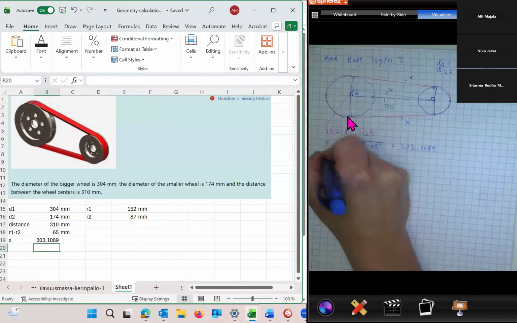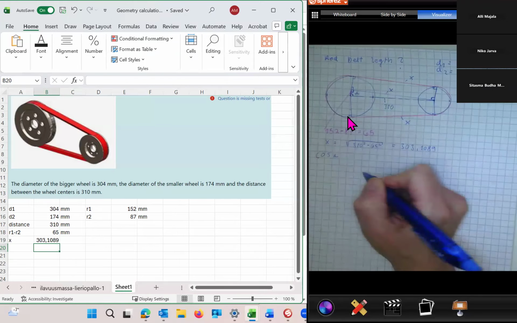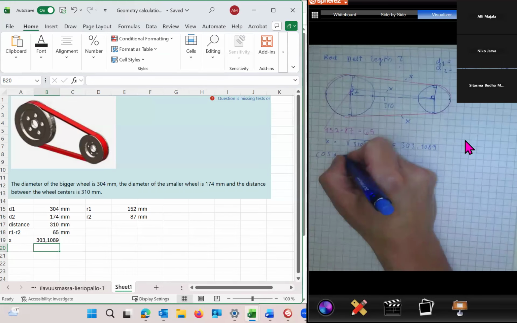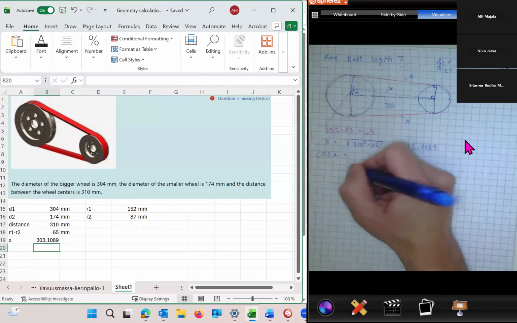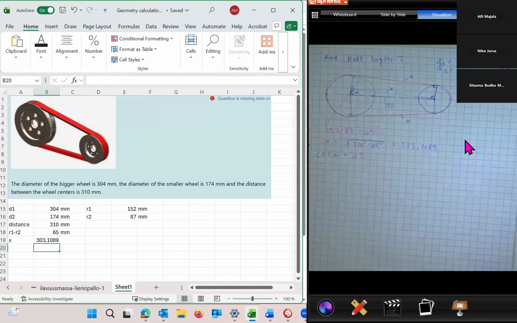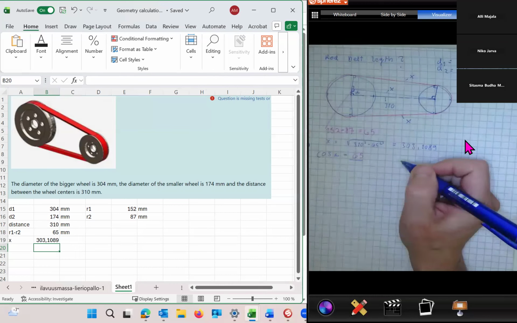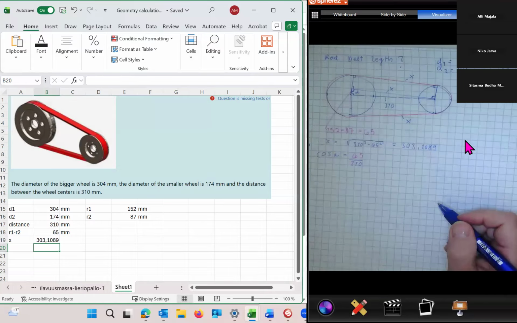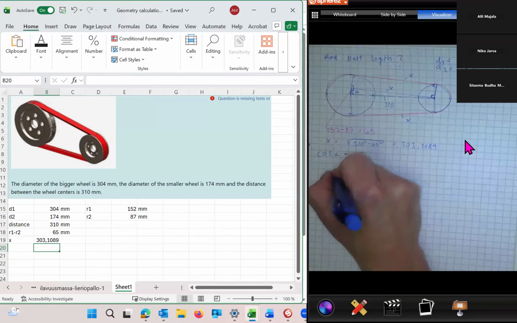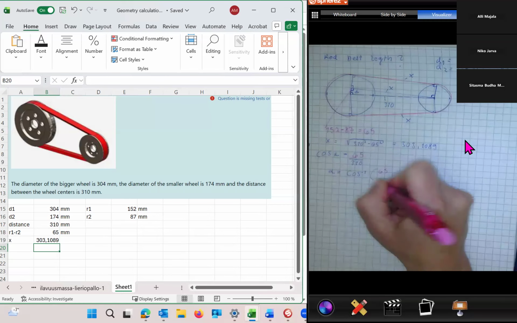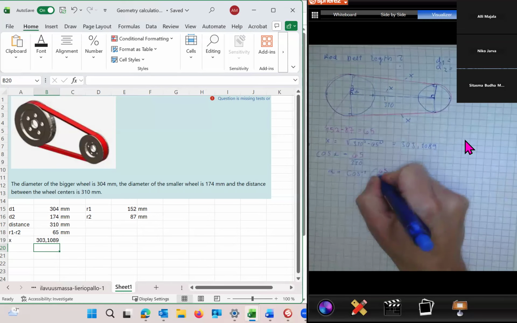So it's the one that's next to it, which is cosine. Cosine is now my 65 divided by the 310 hypotenuse, from which I get alpha is cos minus 1 of the 65 divided by the 310.